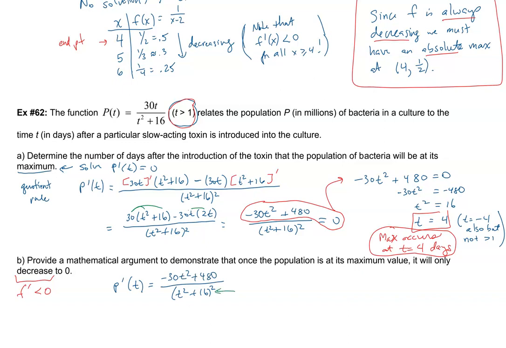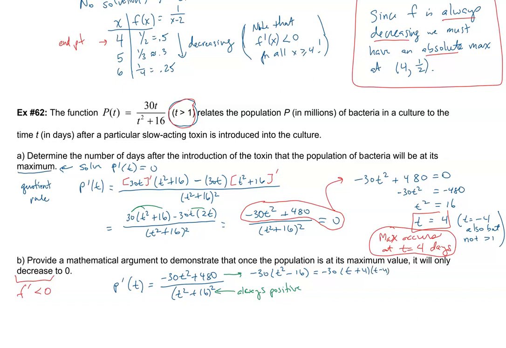In particular, notice the bottom is squared, so it's always positive. The top, I'm going to do a little factoring, common factor. I'm going to take out a negative 30, and I get t squared minus 16, which does factor into t plus 4, t minus 4.